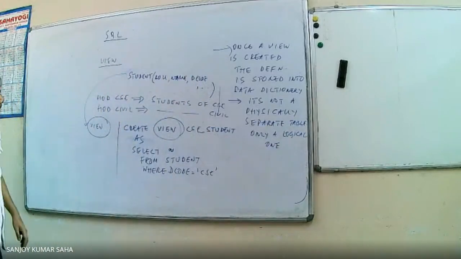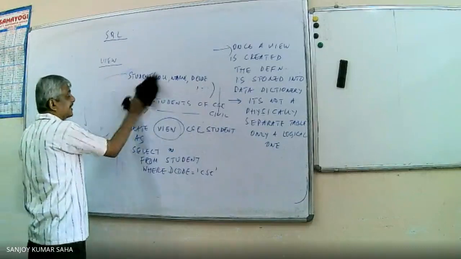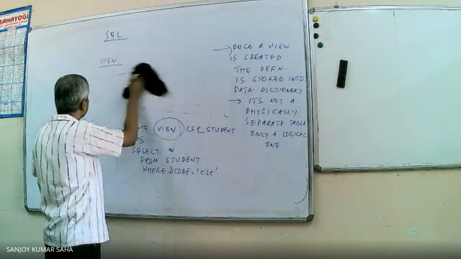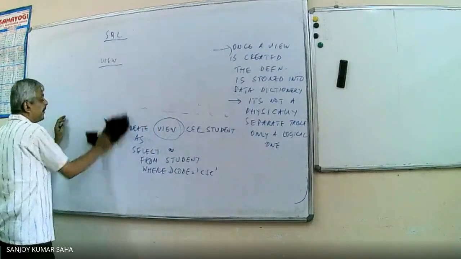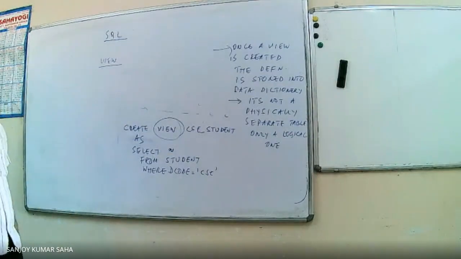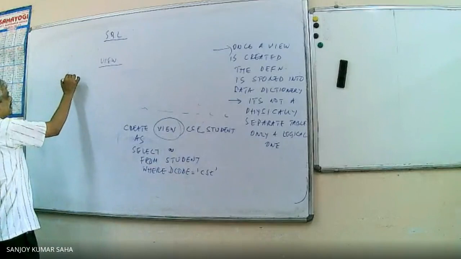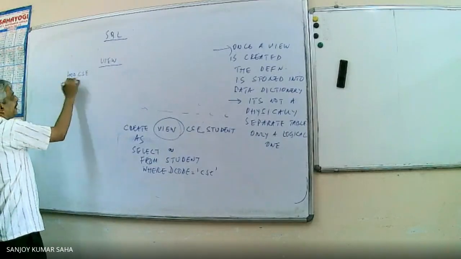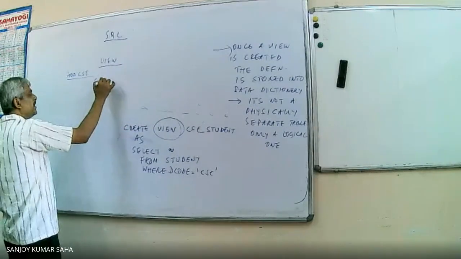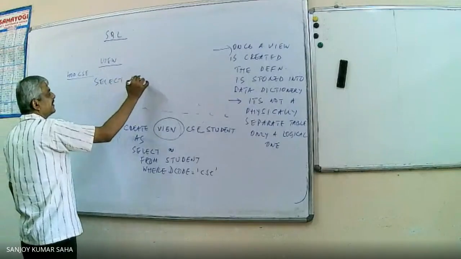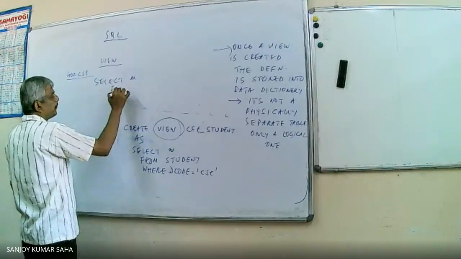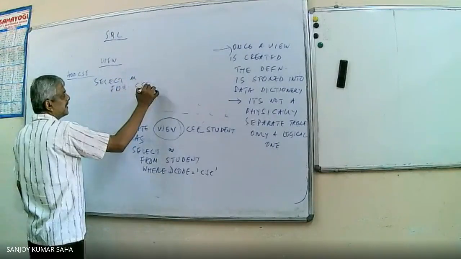Now, HOD CSE may not be aware of the student table. He knows that if I want to deal with my students, I have to go for this CSE student. So HOD CSE may consider, okay, this is my table. So simply just like a table, you can write select star from CSE student.